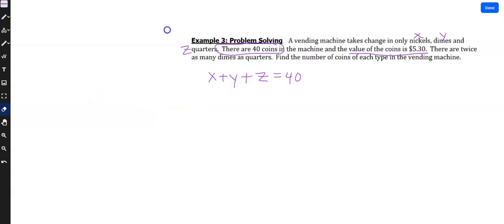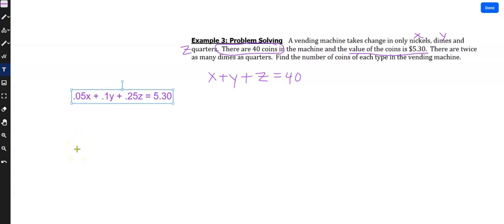I wonder if I could just type that one out quickly. That would be nicer. 0.05 x plus 0.1 y plus 0.25 z equals 5.30.